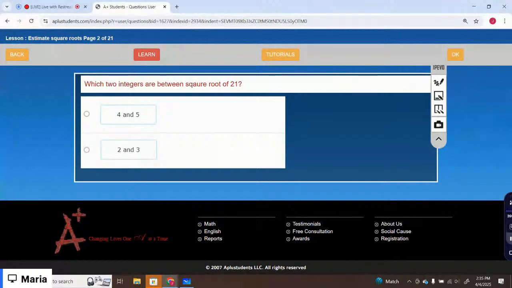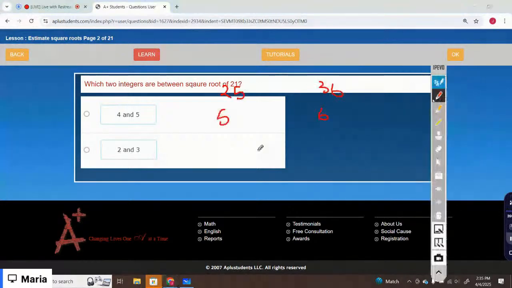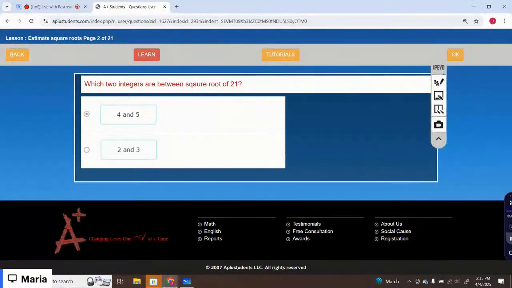So 21 is between 16 and 25, right? So that means it is between 4 and 5. Option number 1 is the correct option.